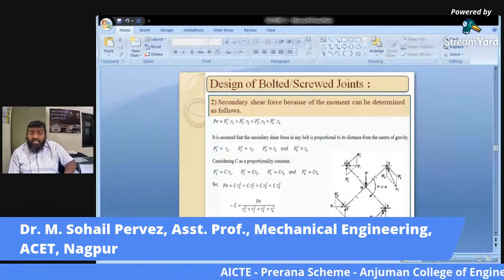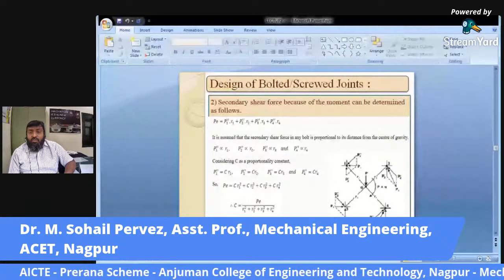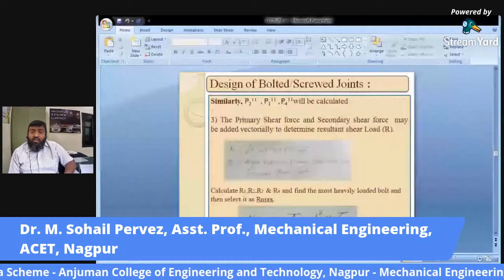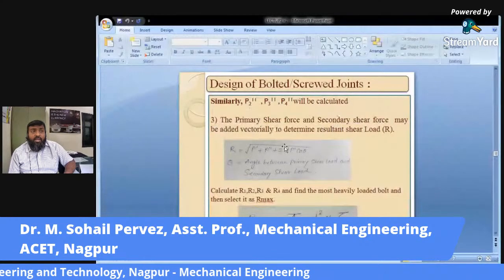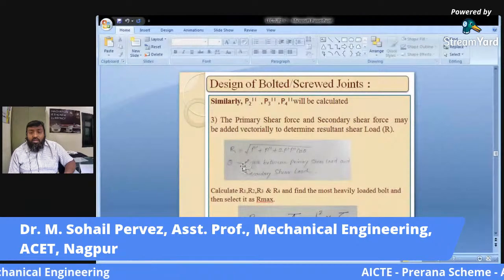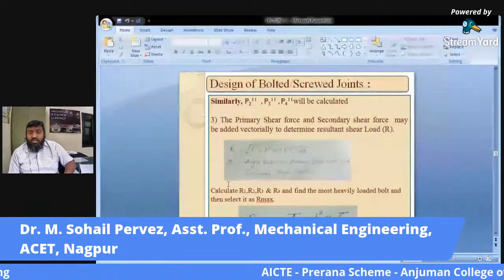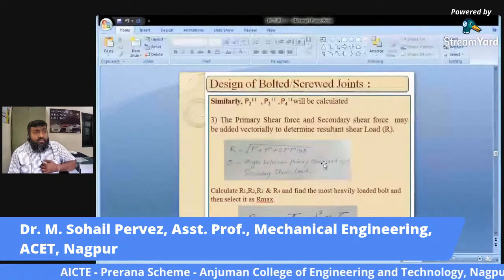After calculating these from the formula, we'll have to substitute the values of P2, P3, P4, and take the maximum, R max. That is, R max is the maximum of R1, R2, R3, and R4. After calculating all this, we can get the diameter of the rivet.